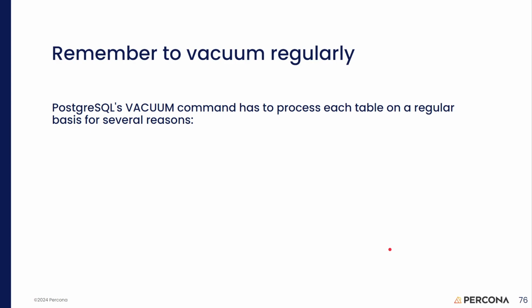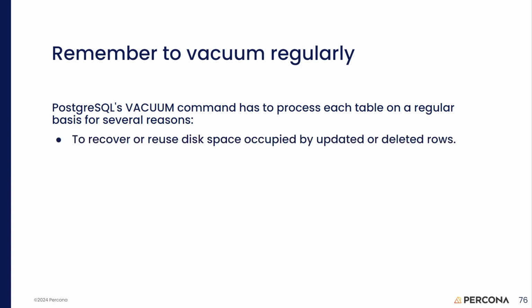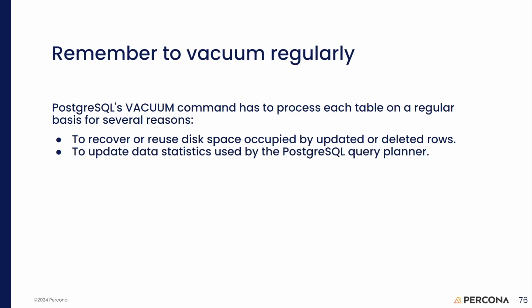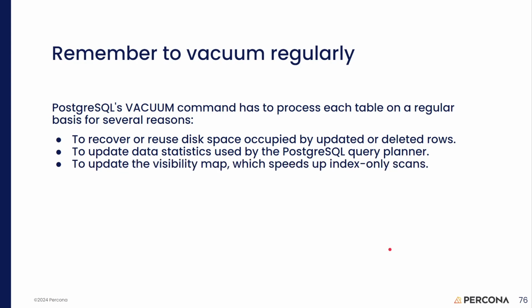Postgres vacuum command has to process each table on a regular basis for several reasons. The first is to recover or reuse disk space occupied by updated or deleted rows. Also, it helps the statistics for the optimizer, so you'll get better query plans. Also, there's something called the visibility map, which speeds up index-only scans.